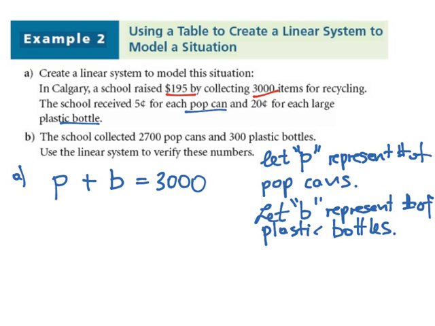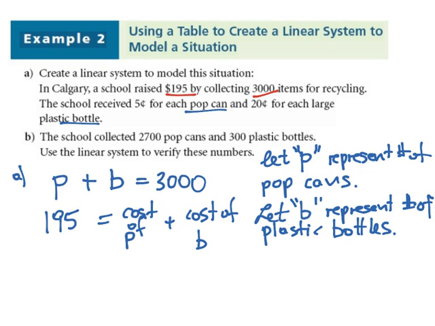Now there's also costs associated. If we add them up, what do we mean by add them up? You get 195. If we add the cost of the pop cans, P, plus the cost of B, the plastic bottles.